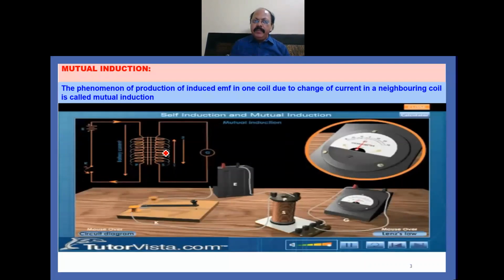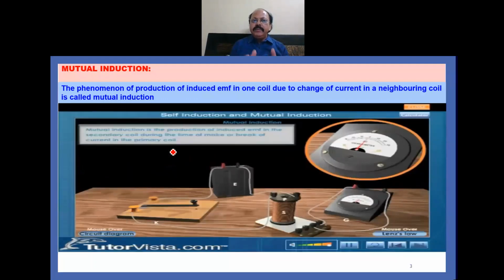Magnetic flux linked with the primary coil decreases and hence with the secondary coil also decreases, and the direction of induced current is represented by arrow 2. So that's why we say that mutual induction is the production of induced EMF in the secondary coil during the time of make or break of current in the primary coil, and that phenomenon is known as mutual induction. So by this experiment you can understand the phenomenon of mutual induction.